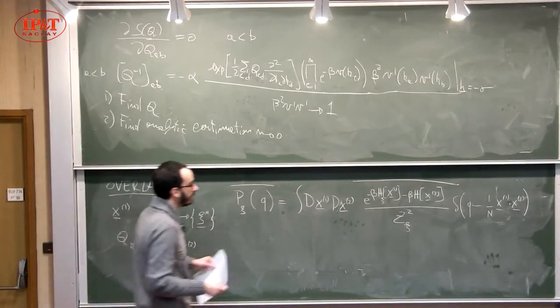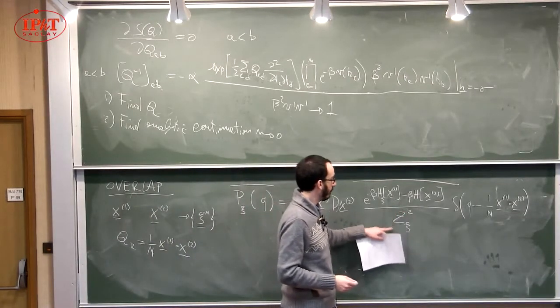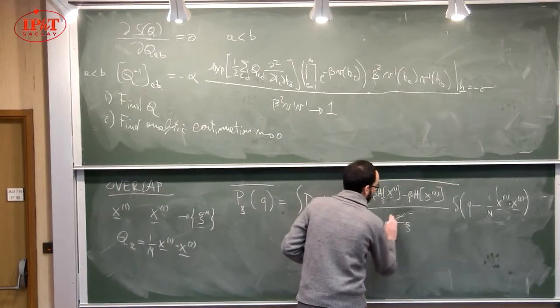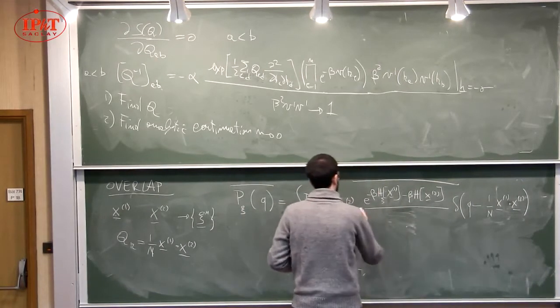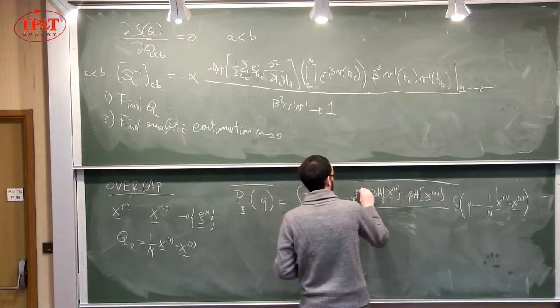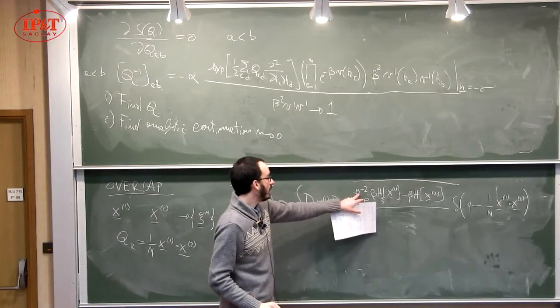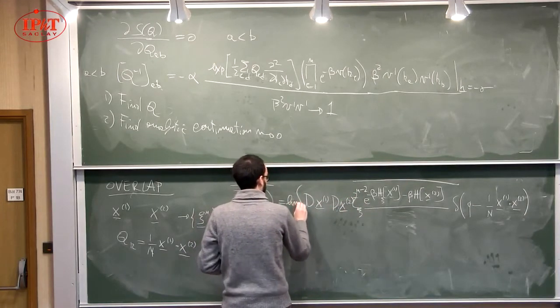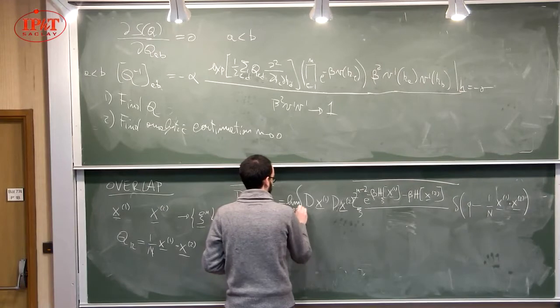Okay. How do you do that? So you have this normalization factor here, and this can be rewritten with a small n here, minus 2, and then I take the limit of n going to 0.